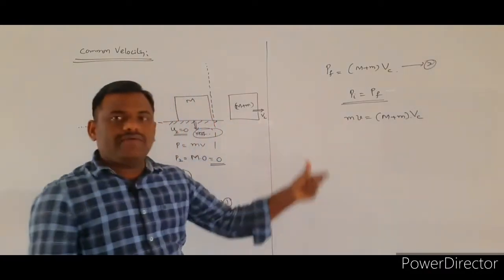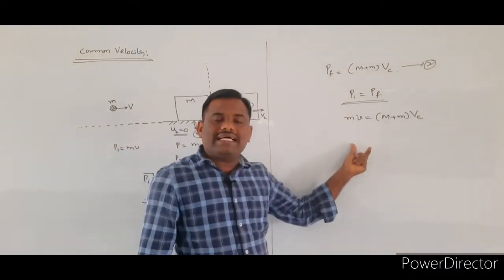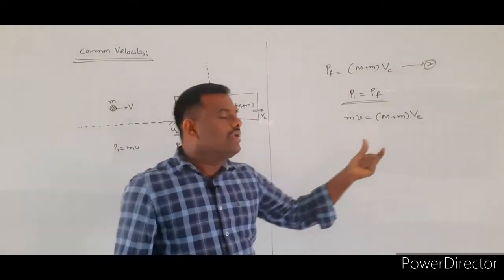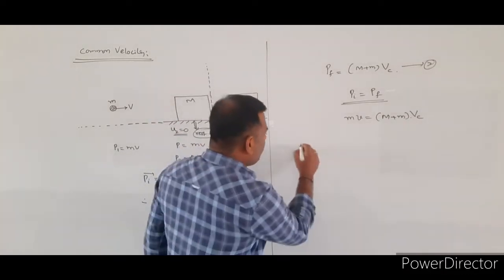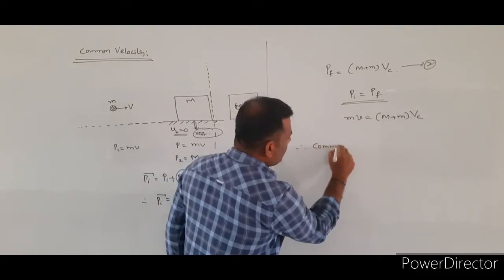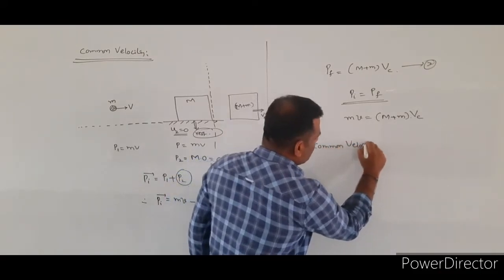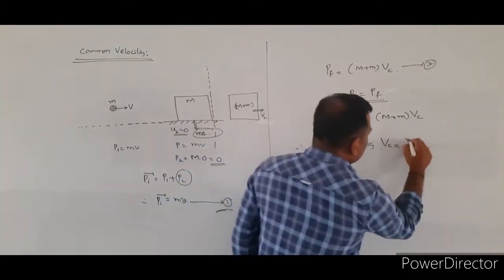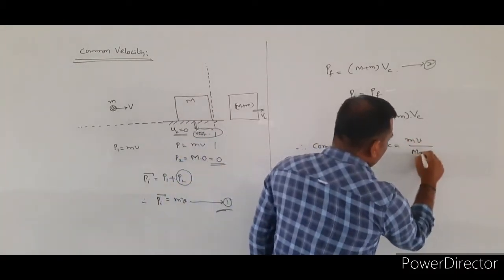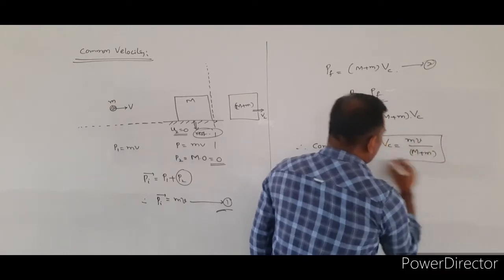So we equate the initial momentum value and the final momentum value. Now I want the expression for the common velocity only. Therefore the required expression for common velocity is nothing but mv by M plus m, that is equal to what?